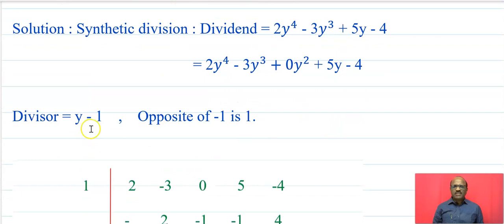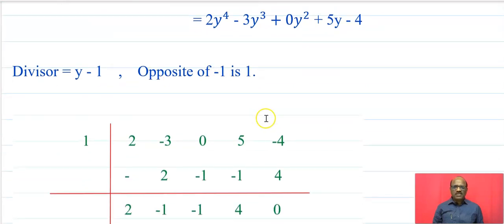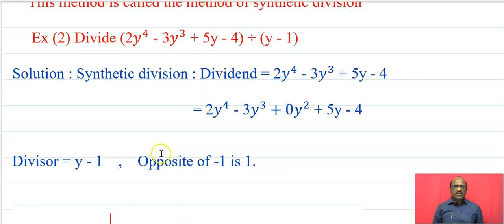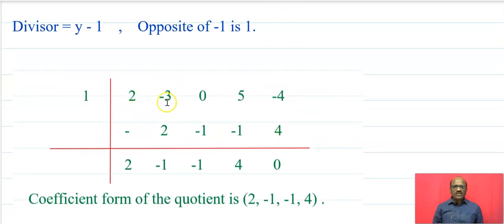The divisor is y minus 1, so the opposite of minus 1 is plus 1. Write this plus 1 on the left side of the vertical line. The coefficients are 2, minus 3, 0, 5, minus 4.